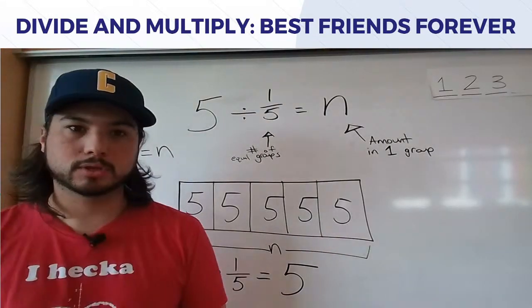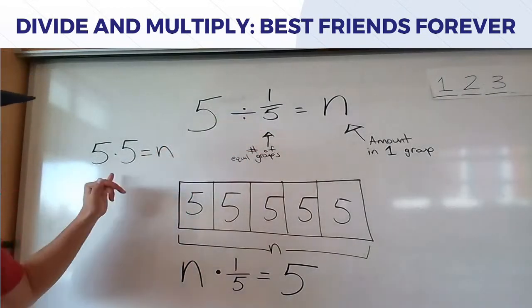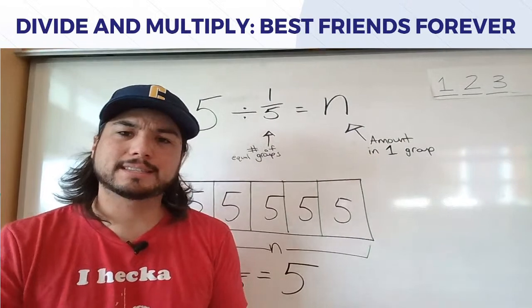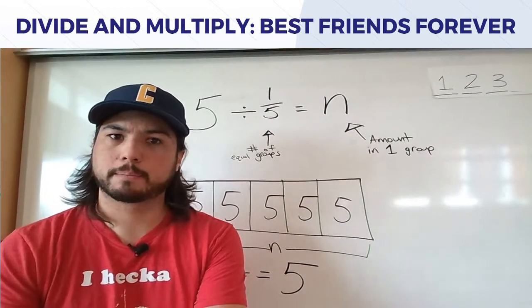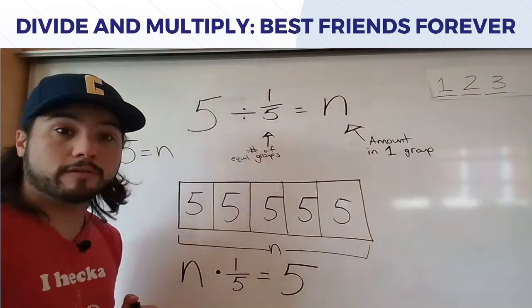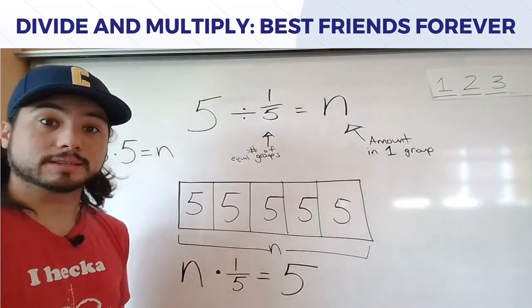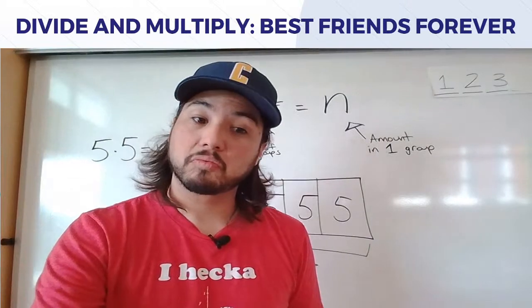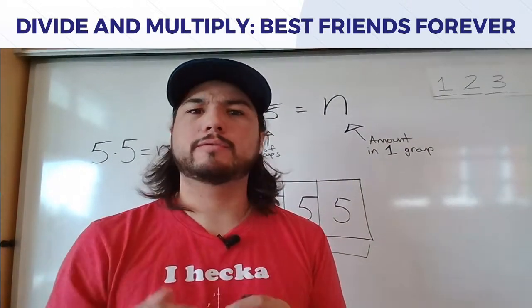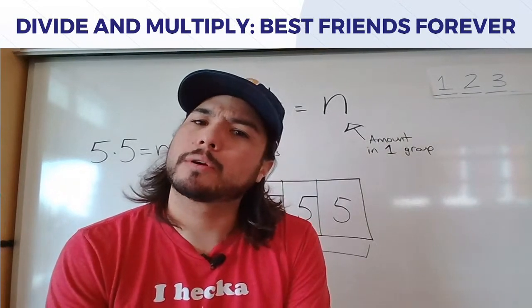Same concept. So dividing by 1/5 and multiplying by 5 are, in essence, the same operation. You're doing the same thing, just like multiplying by 1/5 and dividing by 5 are essentially the same operation. Really interesting to point out there. I wonder if we'll use that going forward.